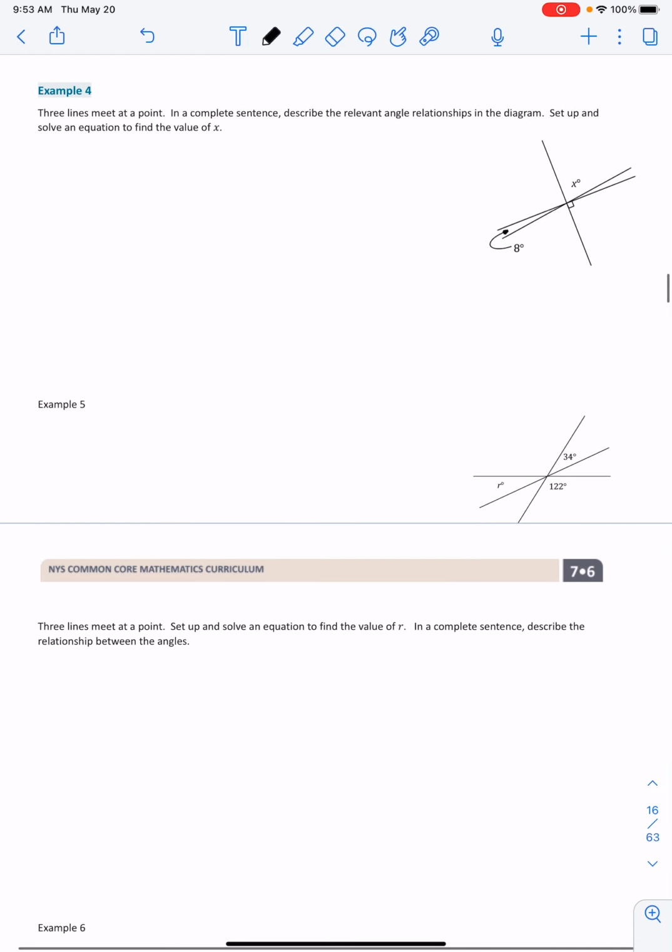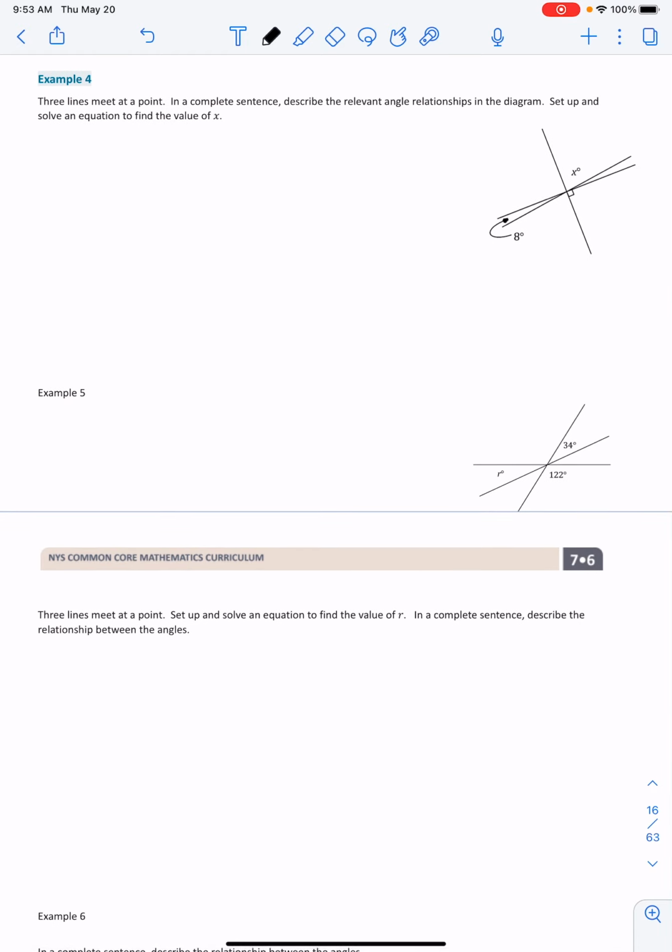Our next example, we have example 4. It says 3 lines meet at a point. In a complete sentence, describe the relevant angle relationship in the diagram. Set up and solve an equation to find the value of x.